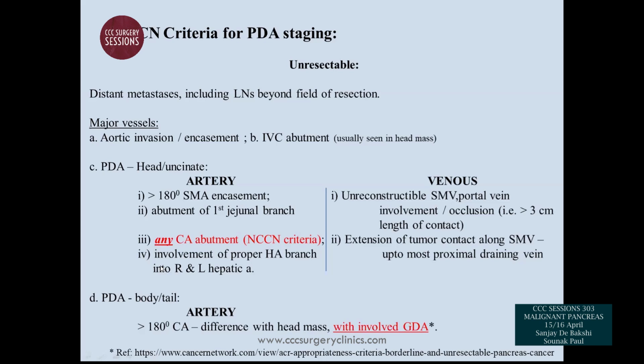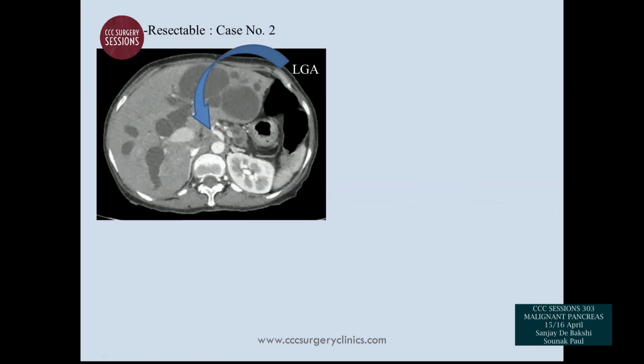And tumor involvement of the most proximal draining vein of the superior mesenteric vein is also considered a marker for unresectability. Apart from this, any invasion or encasement of the aorta and abutment of the IVC by a pancreatic head mass is an unresectable disease. We'll go to a few cases first.